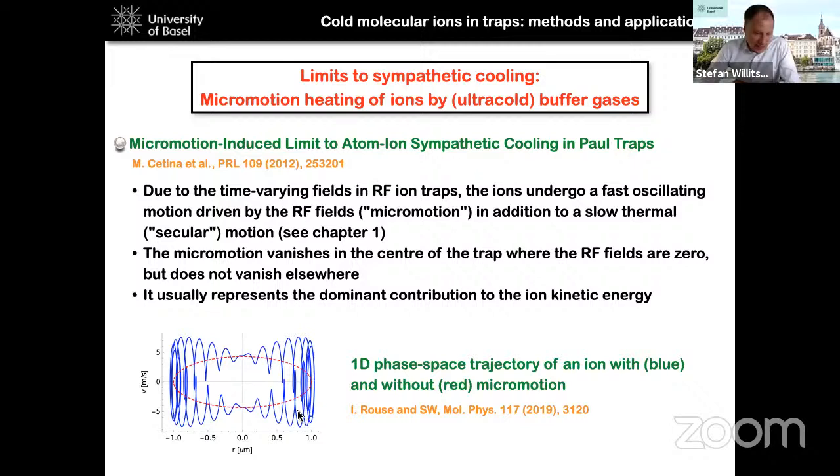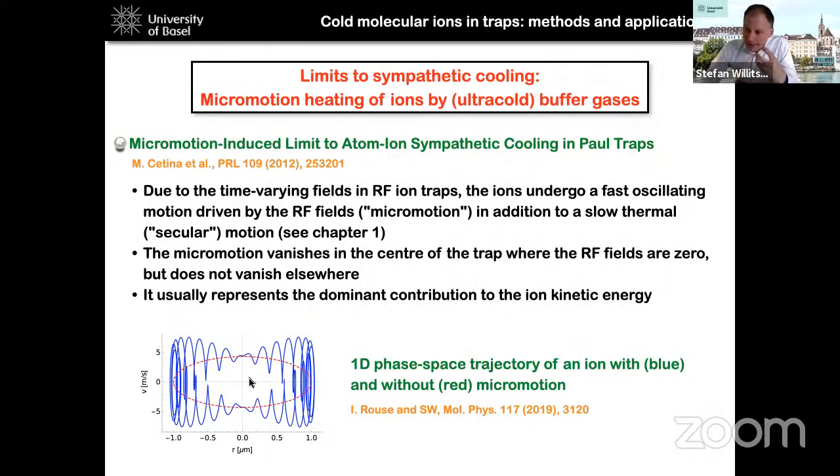And the red and the blue trajectory is the same ion, but now with the micromotion in the full time-dependent potential of the ion trap. And one can see the effect of this micromotion the further one gets away from the trap center, where the RF fields vanish for symmetry reasons. The larger the amplitude of the micromotion gets, the larger the energy stored in the micromotion gets.